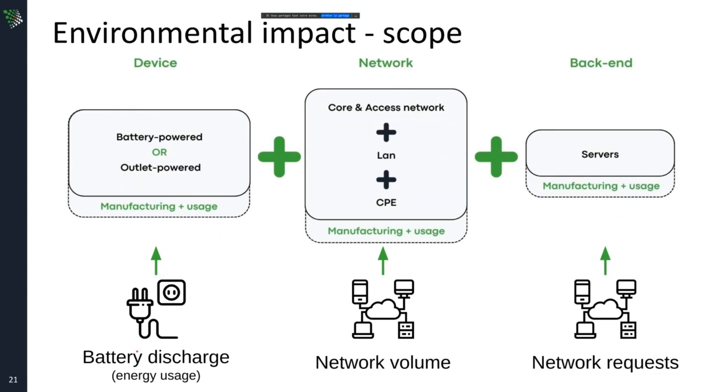And for each of these sources, there are some sources that only talk about the core network or the access network, but we manage that by summing them. The impacts are estimated based on the network volume. So we are multiplying a number of kilobytes by an impact factor.